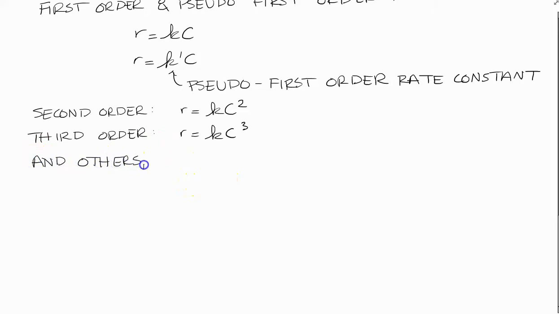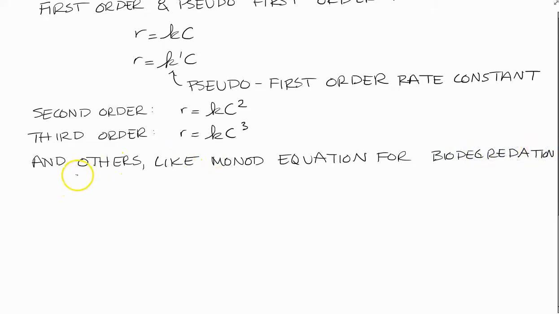There are also many other different types of reactions. One common one that you see in environmental engineering is the Monod equation. This is for biodegradation. This particular reaction rate depends not only on the concentration of your reactant, but also the concentration of biomass present in your reactor.